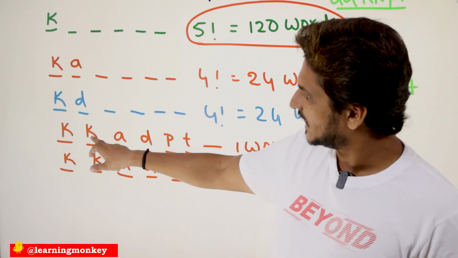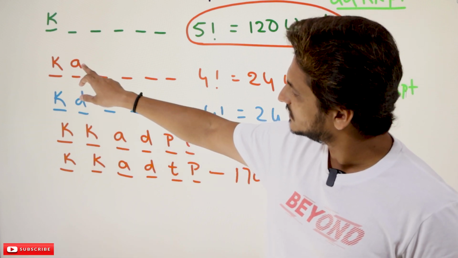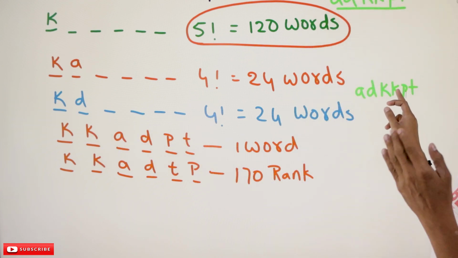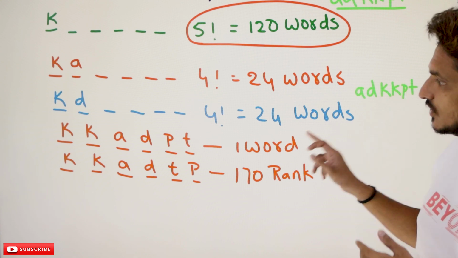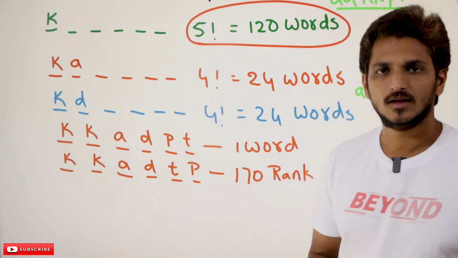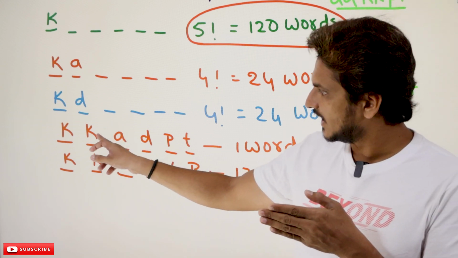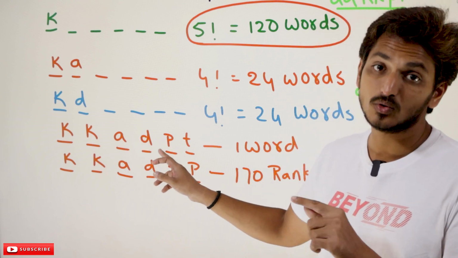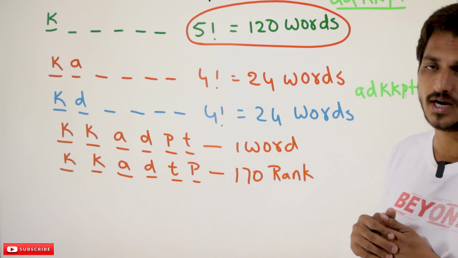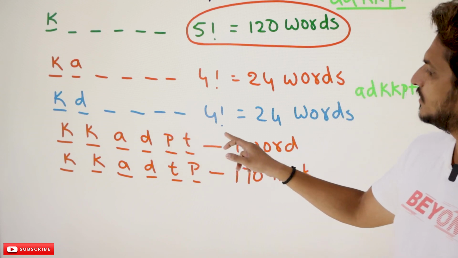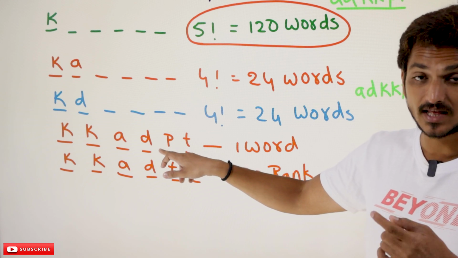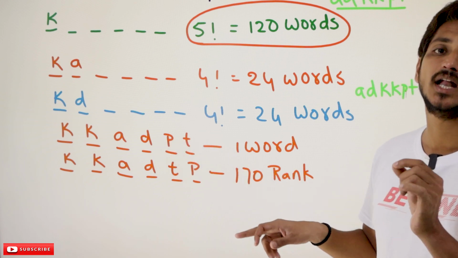So in order to place the second position, A is completed, D is completed, and one K is there. According to the dictionary order, the second position can be filled with K. Once you fill the second position with K, the remaining positions are filled according to the dictionary order A, D, P, T. The next word we get is K, K, A, D, P, T, which is one word. This is the word with rank 169.